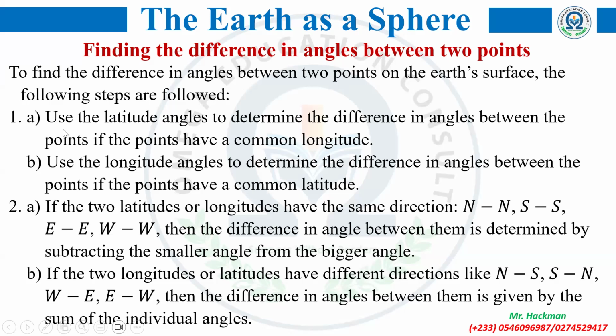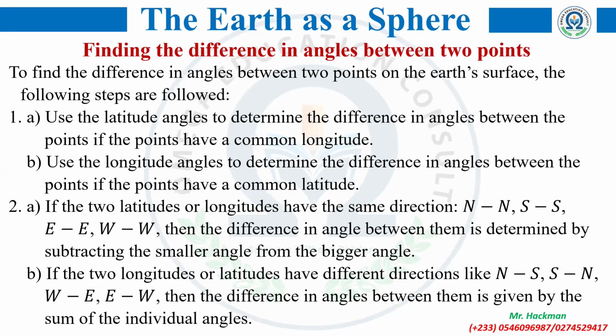Step 1: we use the latitude angles to determine the difference in angles between the points if the points have a common longitude. The points you are given will have either a common longitude or a common latitude. If your points have a common longitude, then we use the latitude to determine the angle of difference.